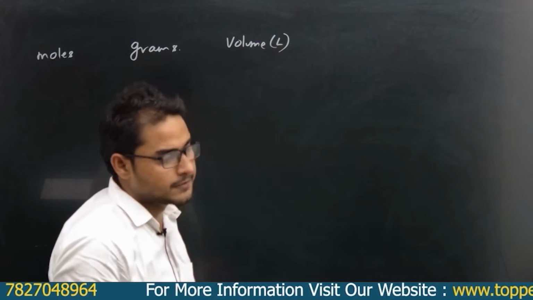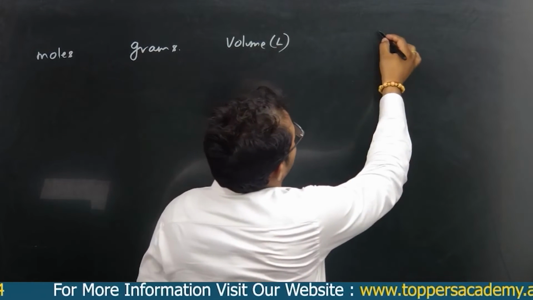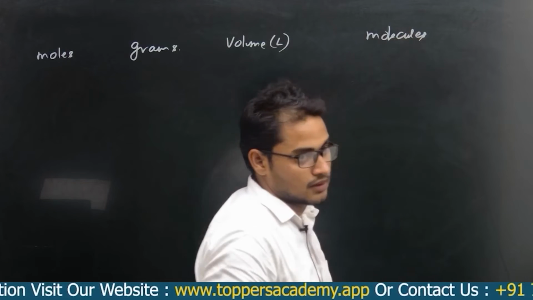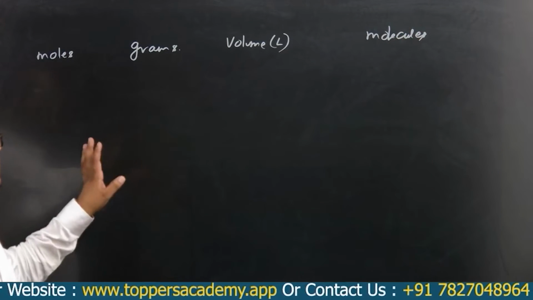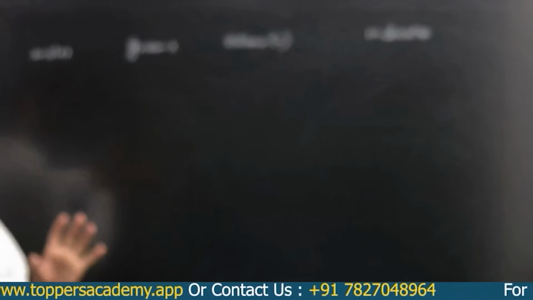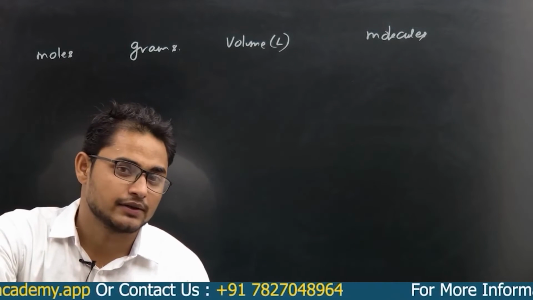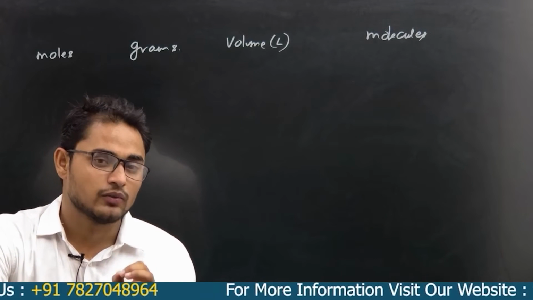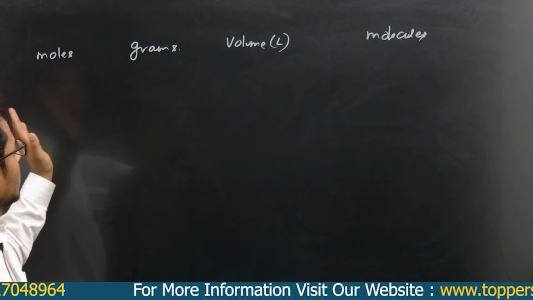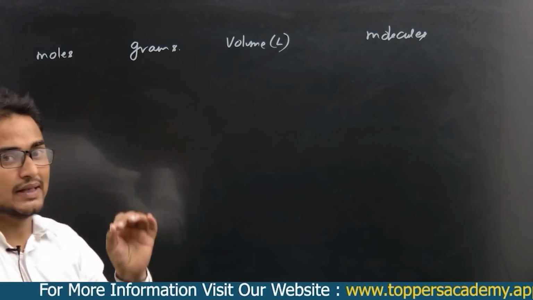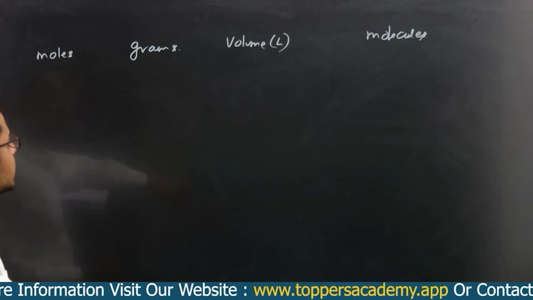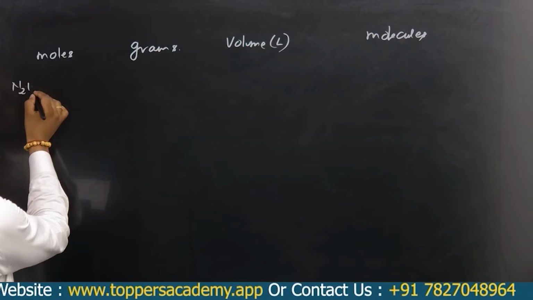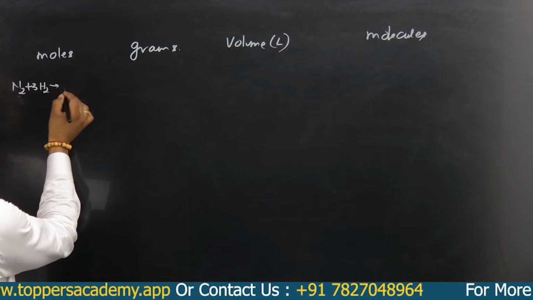In another case, you may have the number of molecules of a reactant. So how will we deal with all these cases to find the limiting reagent in a given chemical reaction? I will take only one balanced equation for all these cases, that is N2 + 3H2 gives 2NH3. Okay, so see, N2 + 3H2 gives 2NH3.